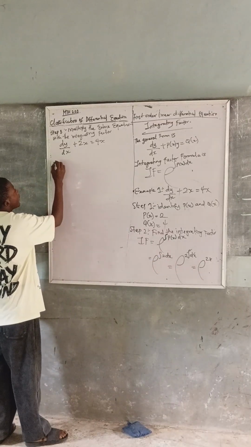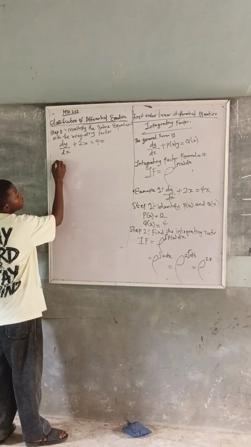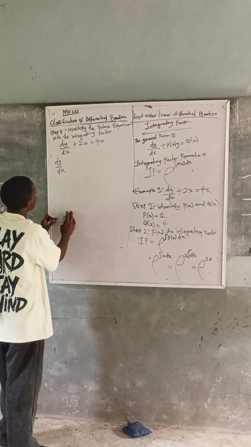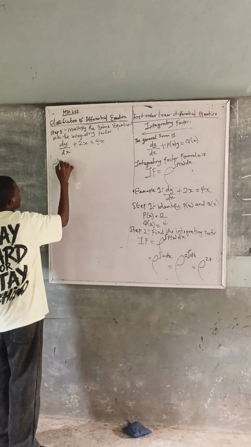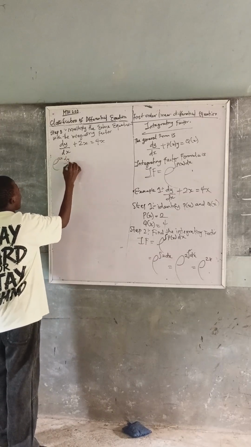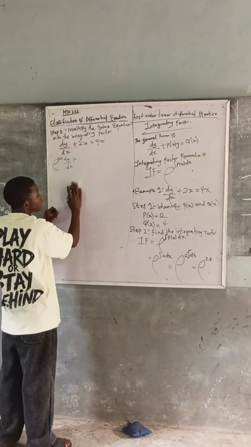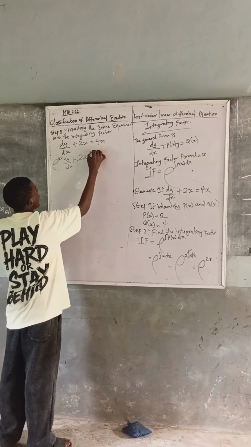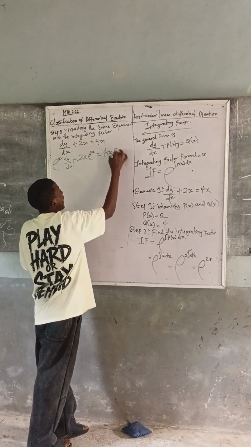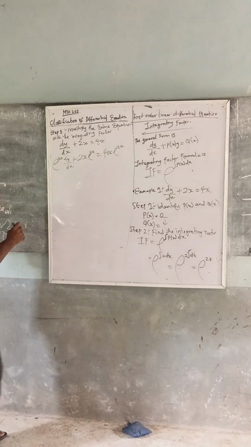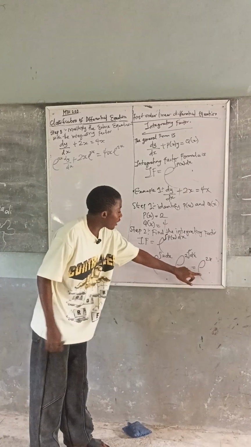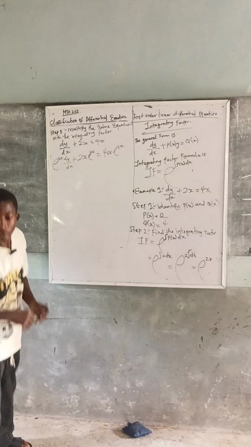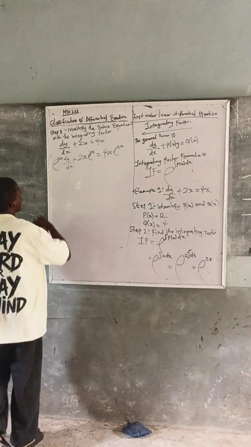So we have e^(2x) dy/dx plus 2y e^(2x) equals 4x e^(2x). You can see that we've already used the integrating factor to multiply the entire equation. Do you get it?